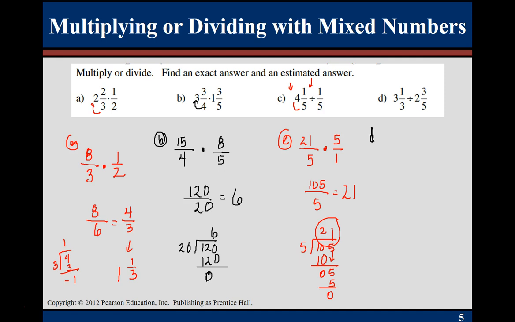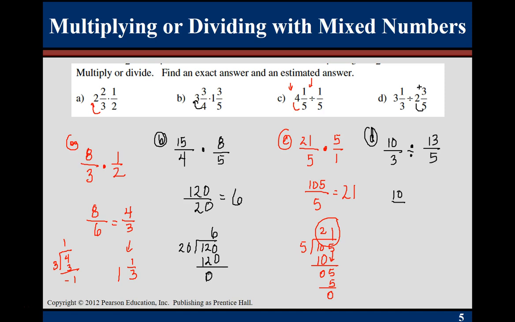For letter D, 3 and 1/3 will turn into 10/3, since 3 times 3 is 9, and 1 more is 10. I would need to divide by 2 and 3/5, which would turn into 13/5.